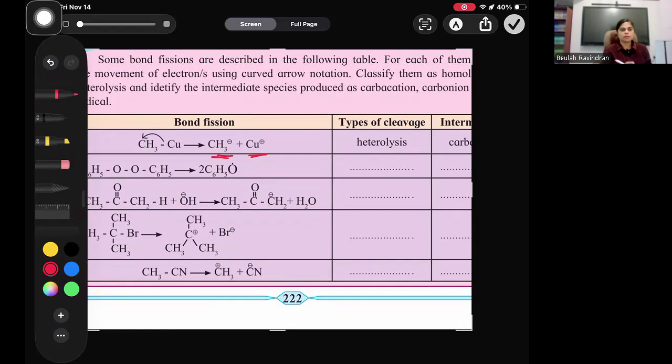Yesterday I taught you homolytic or heterolytic, right? So the curved arrows, what do they show? Electron pairs splitting equally. It is splitting equally, so we can say homolytic fission. Two methyl free radicals are given here.